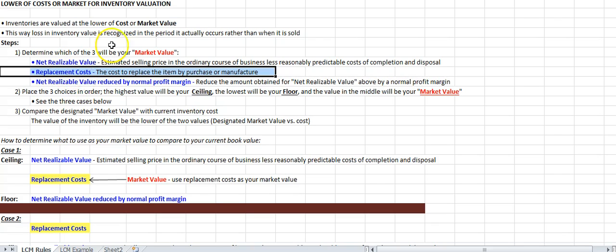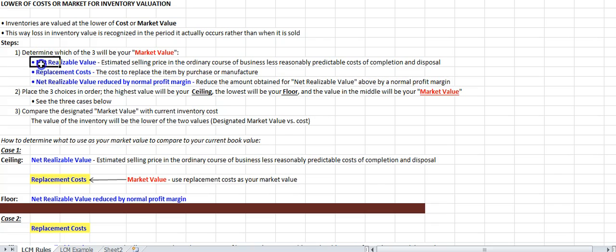You'll call this the market value. You'll compare it to your original cost, your purchase cost, and then you will use the lower of the two. If replacement cost happens to be higher than net realizable value, then you will use net realizable value as your comparison figure, as your market value to compare to your cost, and use the lower of the two.